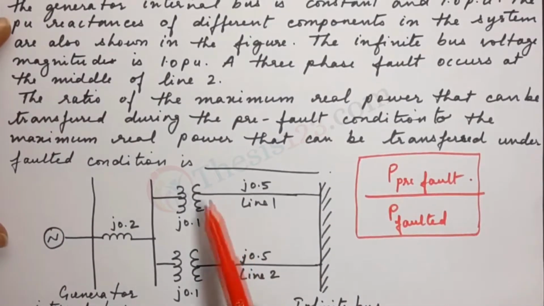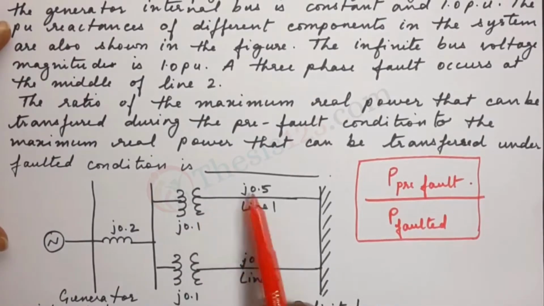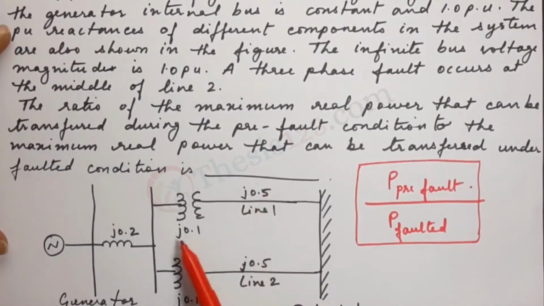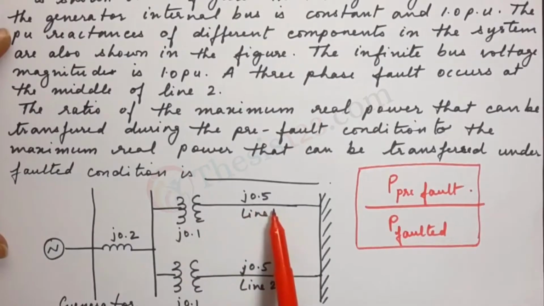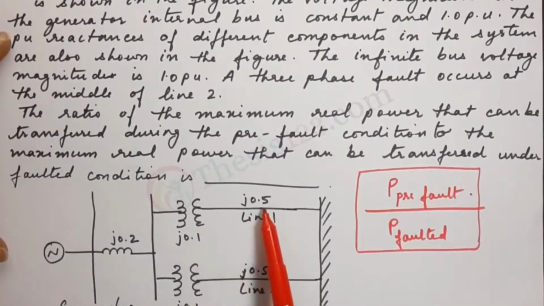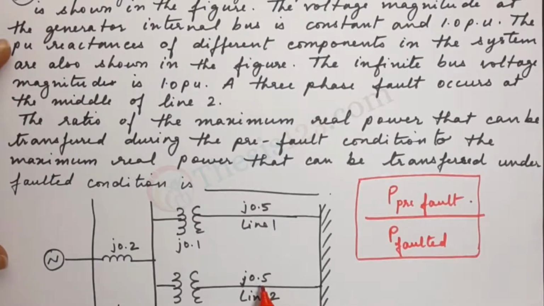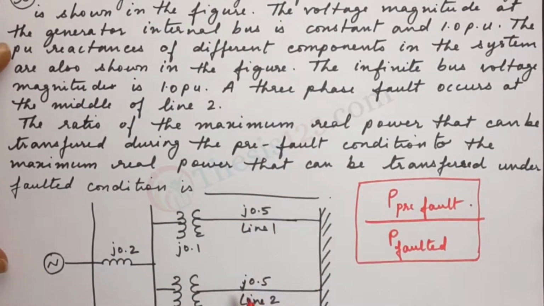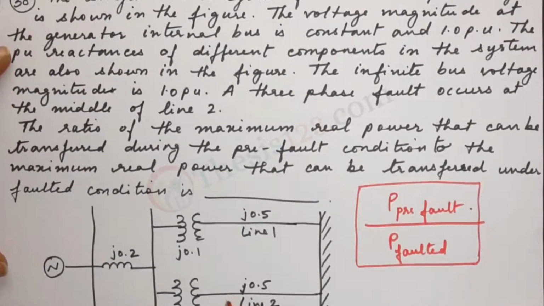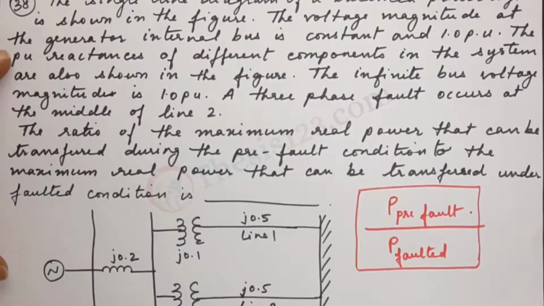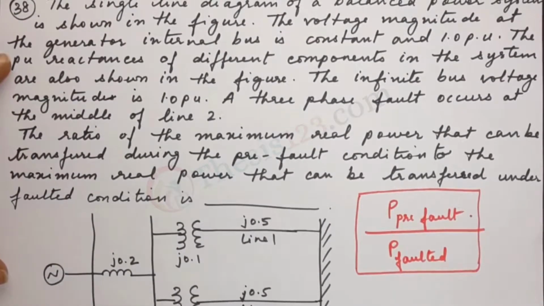We can add up these two impedances given, j0.1 and 0.5, since they are in series. So that's j0.6 for this line, and here it's j0.6 as well. Note that the question says that the fault occurs somewhere in the middle of the second line. We'll come to that in the second step.